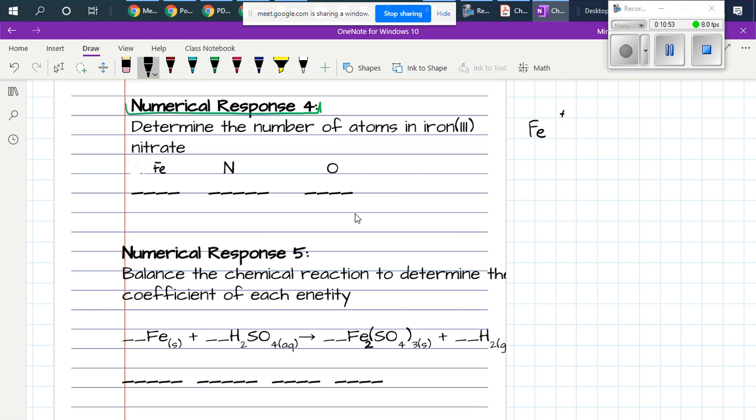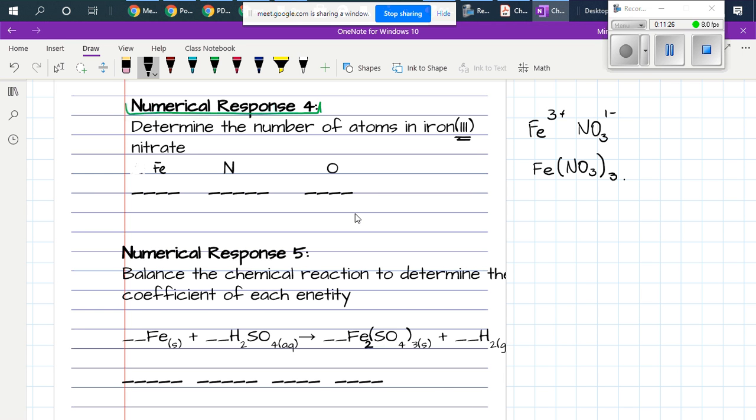How do we know that it's a valence of 3? It's because they are telling you that it's iron 3 nitrate. Then on the other hand, nitrate is NO3 with 1 minus. So then the formula for iron nitrate will be Fe(NO3)3.